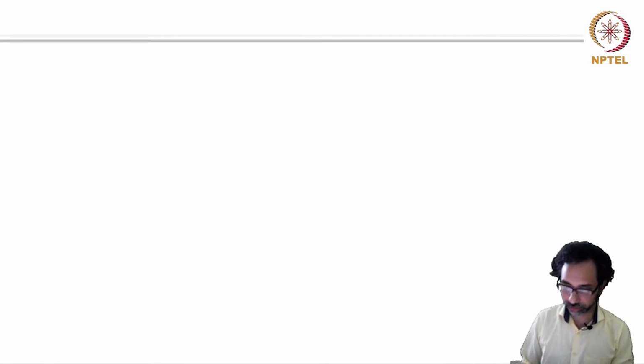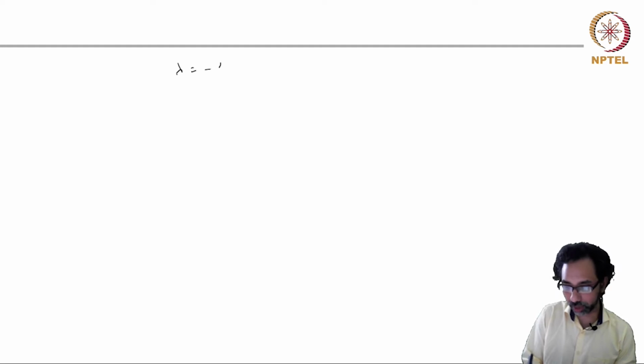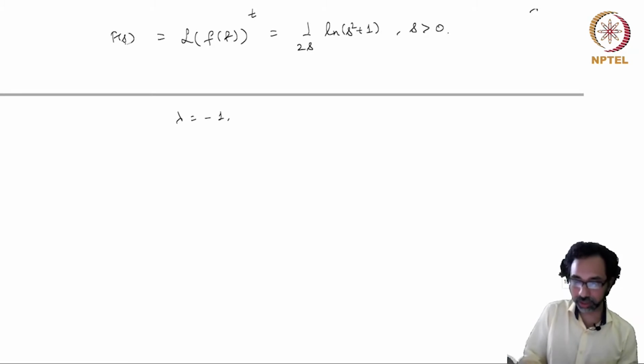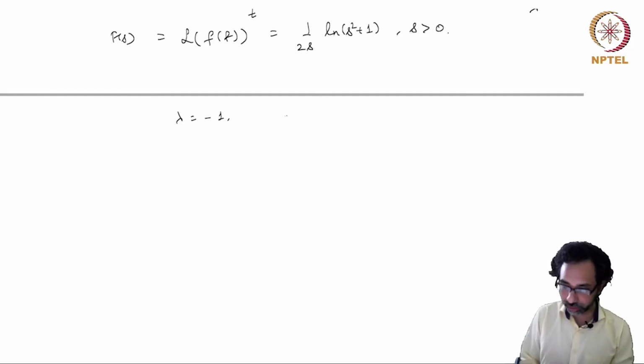Now if we take lambda to be minus 1, let me denote this Laplace transform as F(s), then F(minus s) is equal to minus F(s), because we have s square inside the log, so the change from s to minus s doesn't affect the log term, and s changes to minus s on the outside. So F(minus s) is minus F(s).